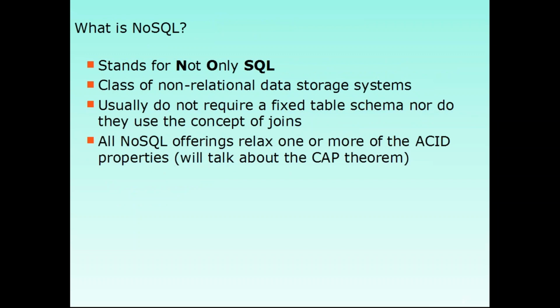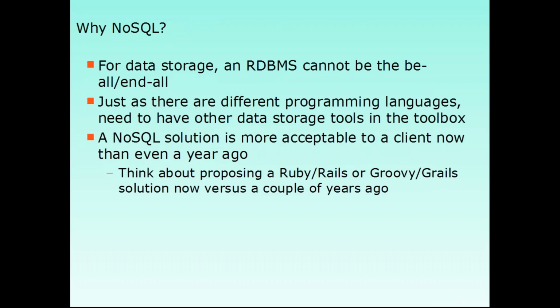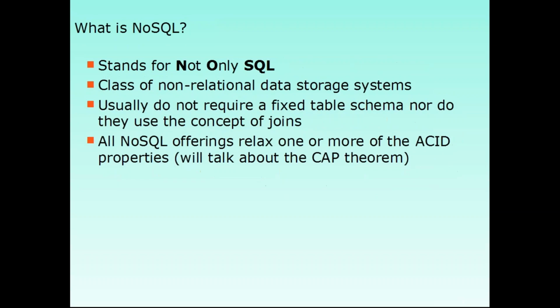Okay, so typically any relational database follows the ACID properties: atomicity, consistency, isolation, and durability. Because of that, we have the concepts of joins and primary key and foreign key relationships.